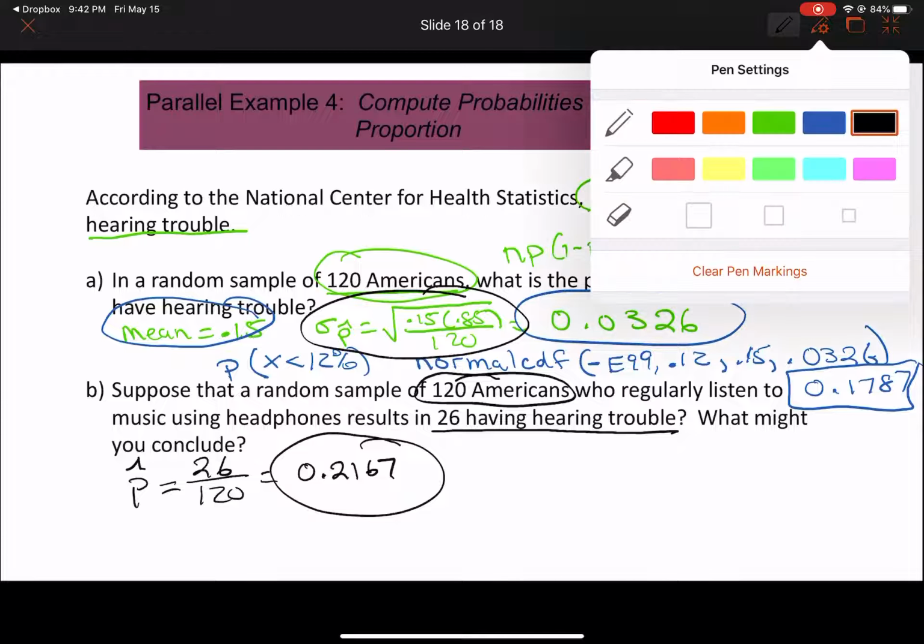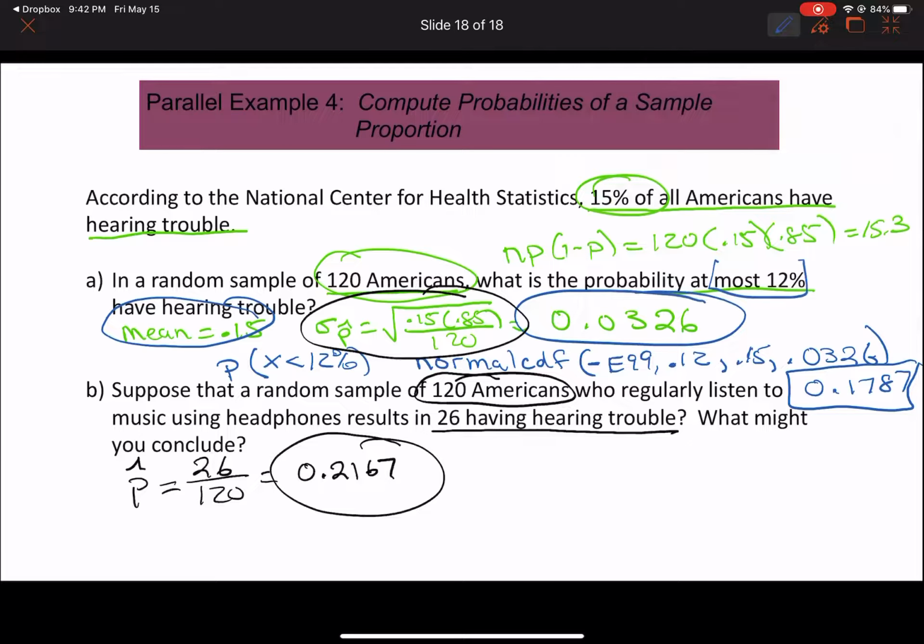So I need to use that p-hat with normal CDF. 0.2167, comma, E99, comma, 0.15, comma, 0.0326.